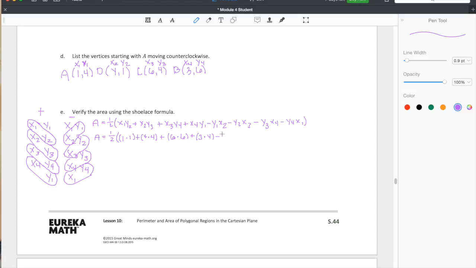And we're going to subtract y1, which is 4, times x2, which is also 4. And then we subtract y2, which is 1, times x3, which is 6. And then we're going to subtract y3, which is 4, times x4, which is 3.